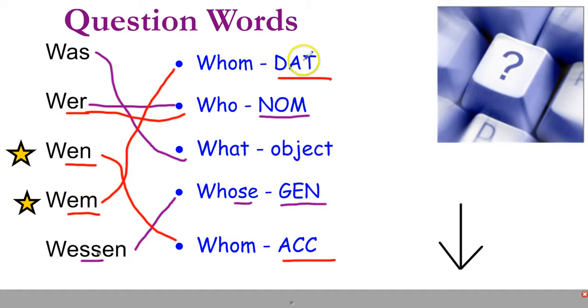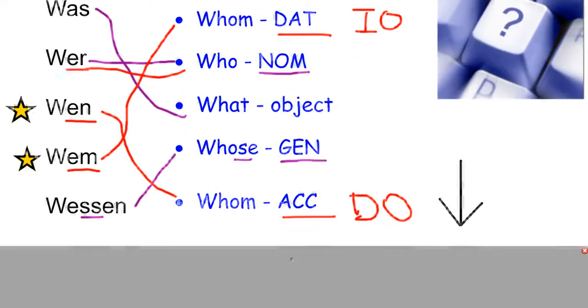Wem when it is the indirect object. So we're looking at the indirect object, so therefore it's the dative case, or with a dative case preposition. Oftentimes with whom, mit wem, is a question word we want to watch out for. All right, so make your corrections and we will continue.